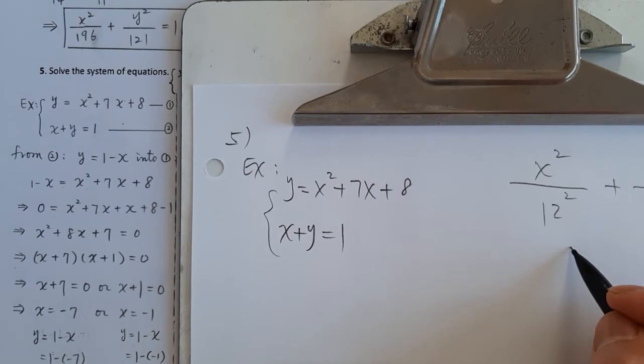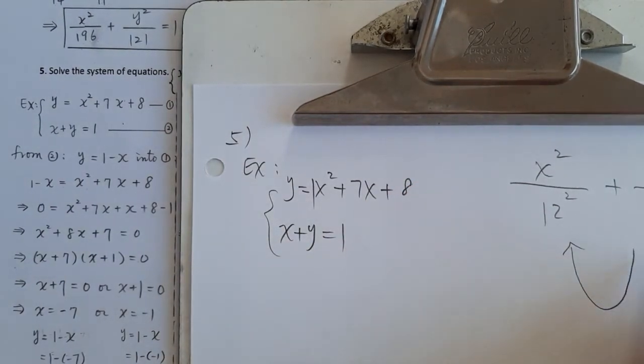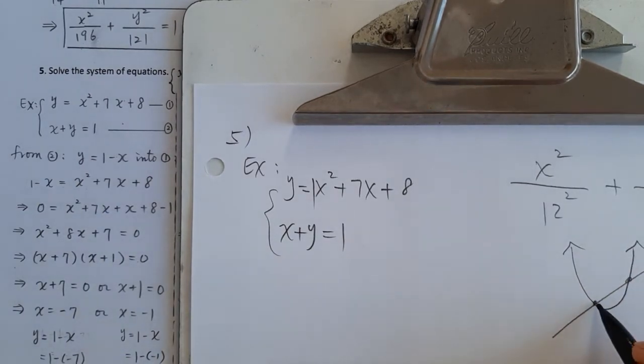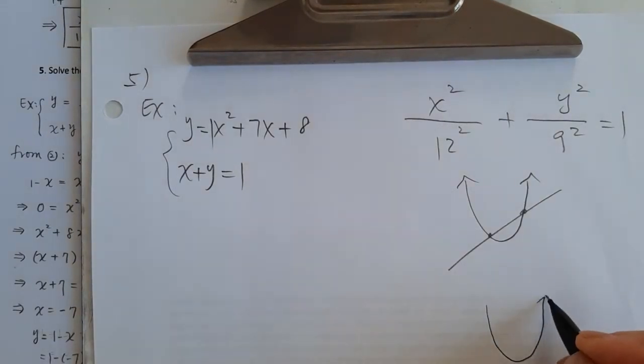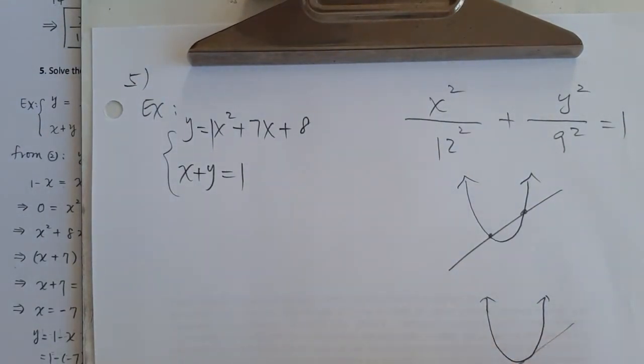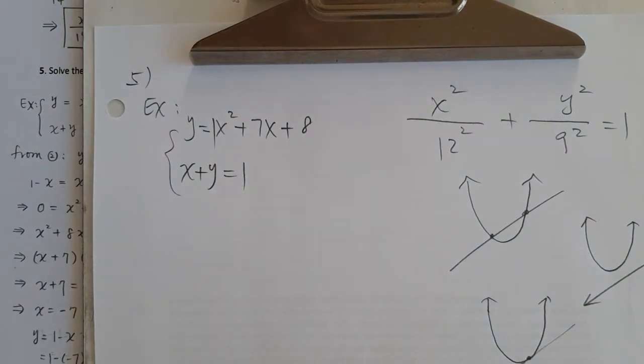So this graph is going to open up, since the leading coefficient is 1. And this is a line. It will probably intersect at 2 points, or like this, intersect at 1 point, or probably intersect at no points, no intersection points.